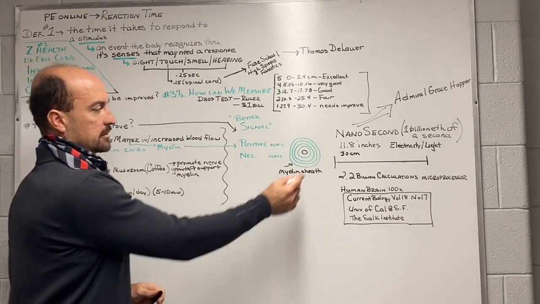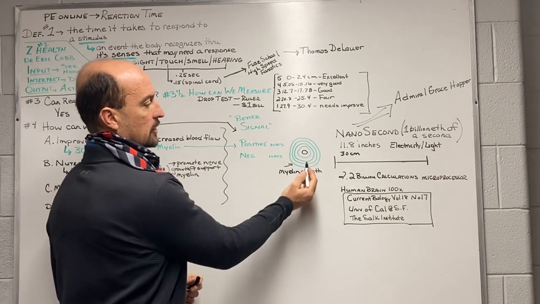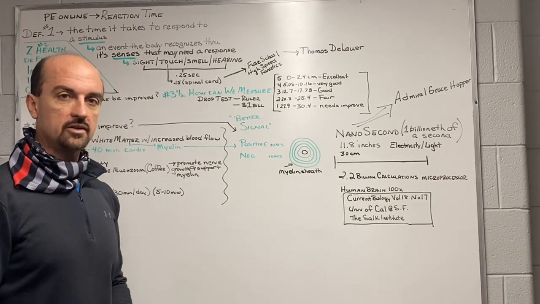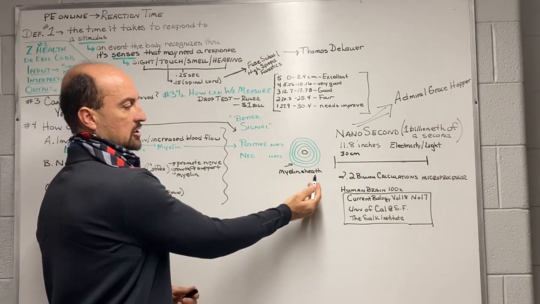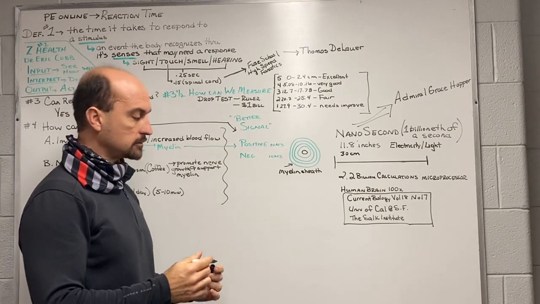Okay? So this very poor illustration I'm hoping to represent to you. So we have our nerve, and if you go in most biology textbooks, it says that the myelin sheath is going to protect the nerve. Well, what does that mean?